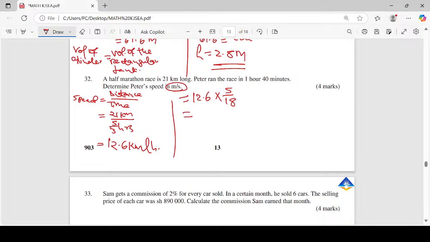You get 3.5 meters per second. That's how you answer that part.